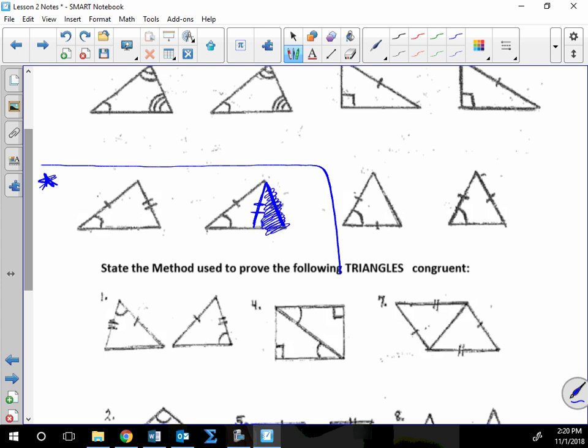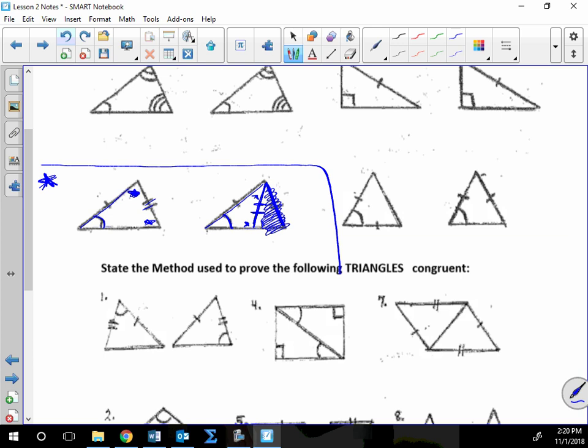Notice I did not mess with any of the other given information. This side length stayed the same. This angle stayed the same. This side length stayed the same. But because there was nothing known about the angle here, nothing known about the angle here, and nothing known about our bottom line, it has the potential to be a completely different triangle.